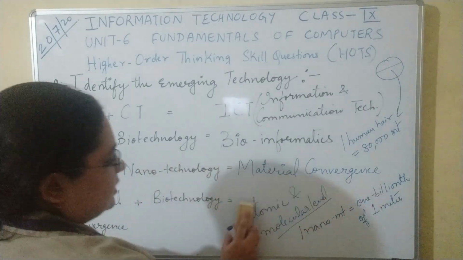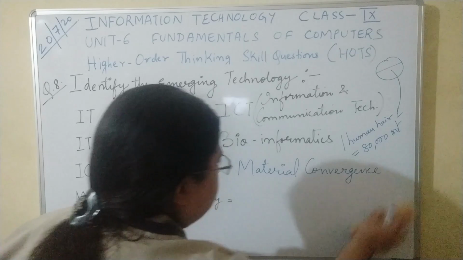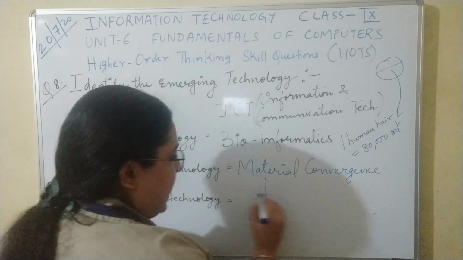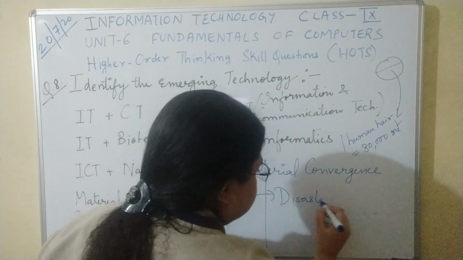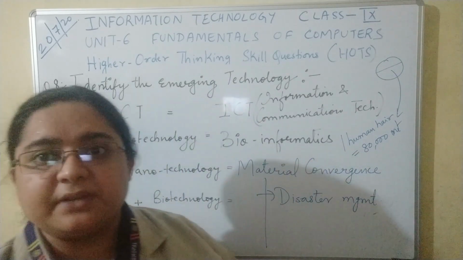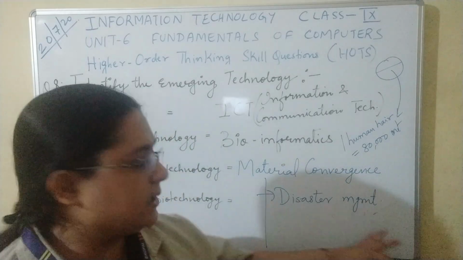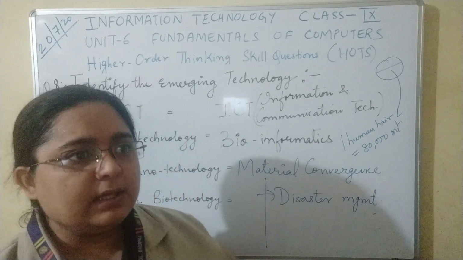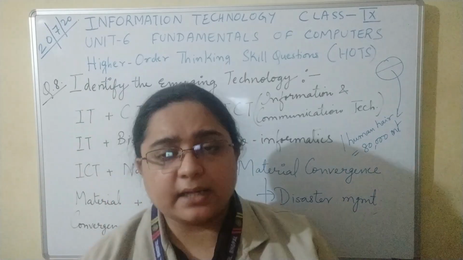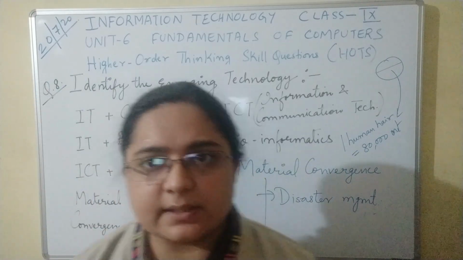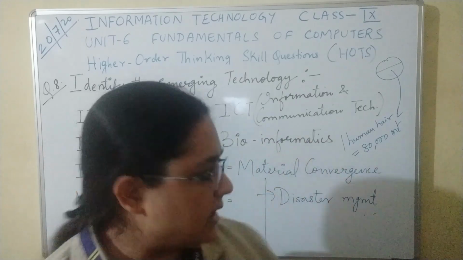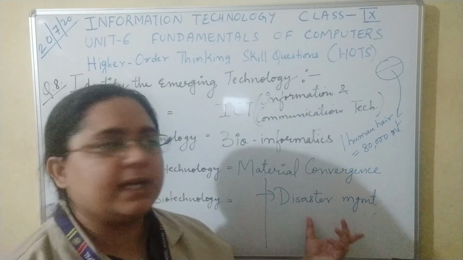So material convergence. What is material convergence? When I combine nanotechnology with ICT, this can prove very helpful in disaster management, by supplying various types of devices and materials which will be used in disaster management. Normally for creating sturdy houses in areas which are mostly affected by category 5 hurricanes and typhoons, to create large buildings which can withstand any of these natural calamities, we make use of material convergence.